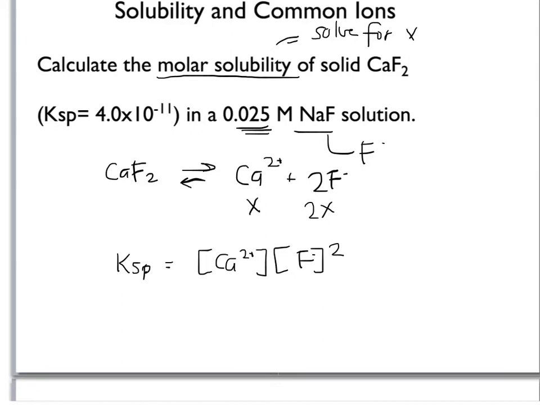So right here is going to equal 0.025, and I'm getting that from right there. Okay, so let's set up the KSP. The KSP is 4.0 times 10 to the negative 11.